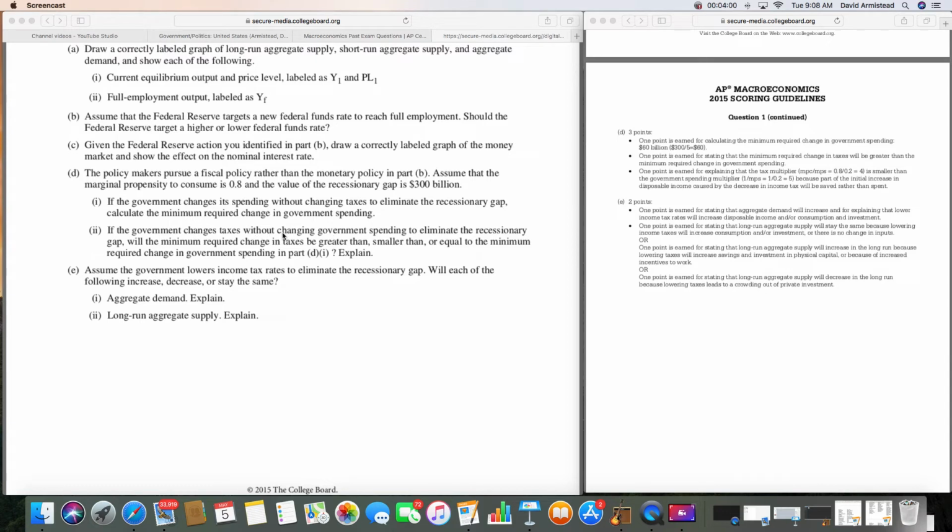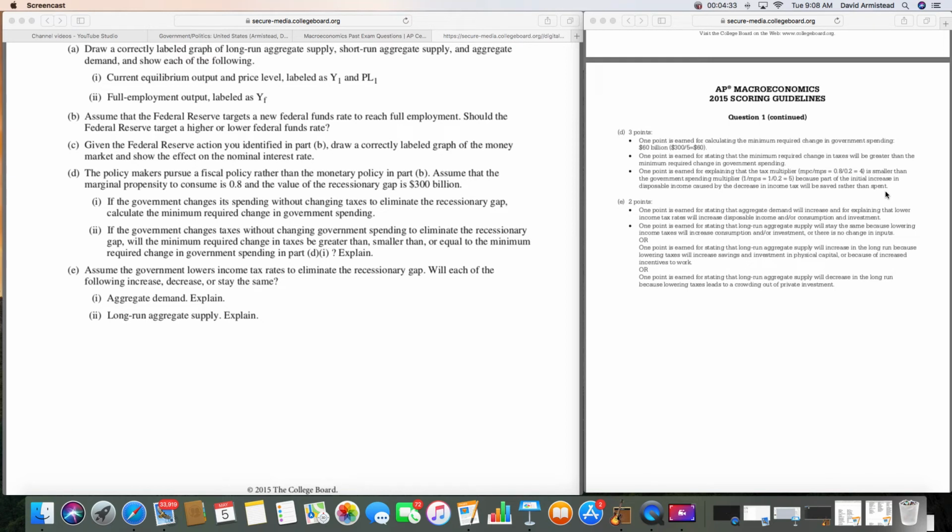If the government changes taxes without changing government spending to eliminate the recessionary gap, will the minimum required change to taxes be greater, smaller, or equal to the minimum required change to government spending in Part D-I? So 1 point is earned for explaining that the tax multiplier is smaller than the government spending multiplier because part of the initial increase in disposable income caused by the decrease in income tax will be saved rather than spent. You don't need to say that. All you need to say is the tax multiplier is 1 less than the spending multiplier.